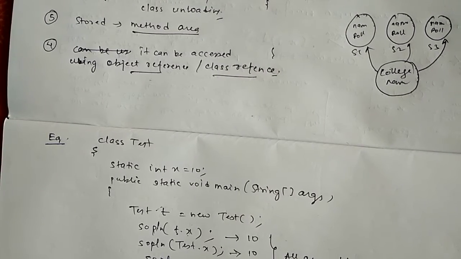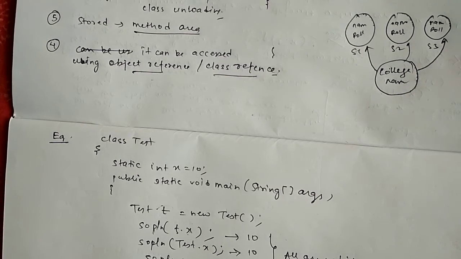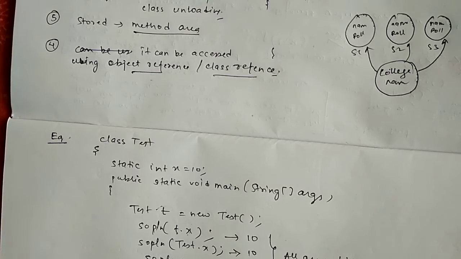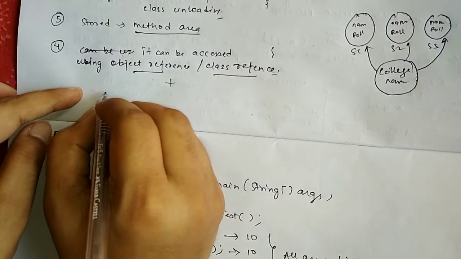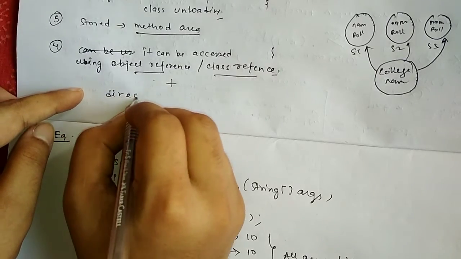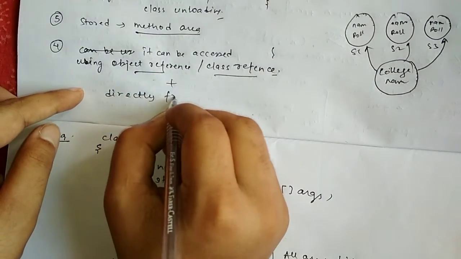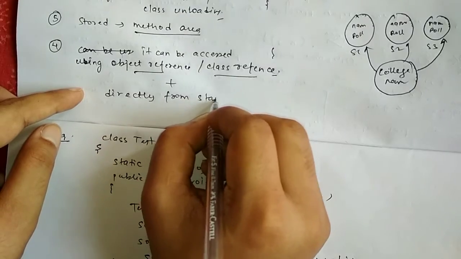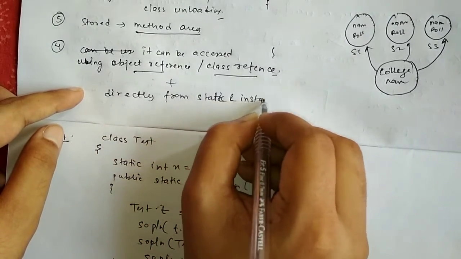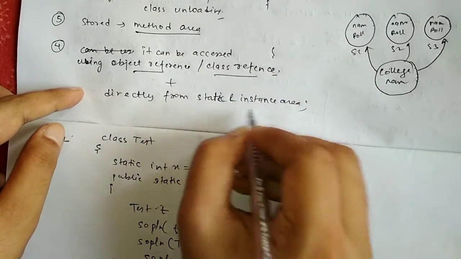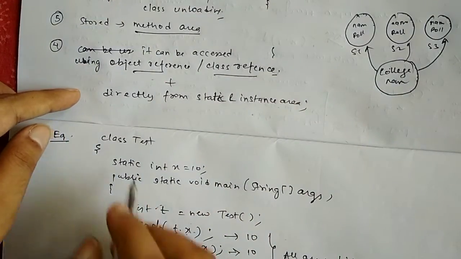This is also one of the points: we can access the static variables directly from both the instance area and the static area. So the third one is the example for this point.